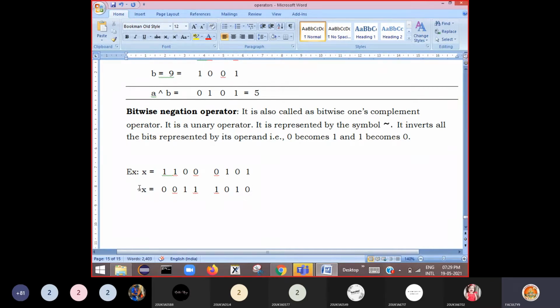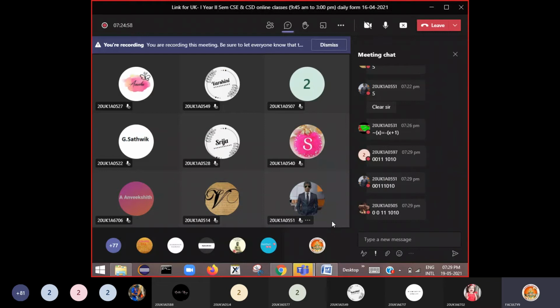So this is 1's complement. 1 becomes 0 and 0 becomes 1. Simply it inverts, an inversion operation. All the bits will be inverted.